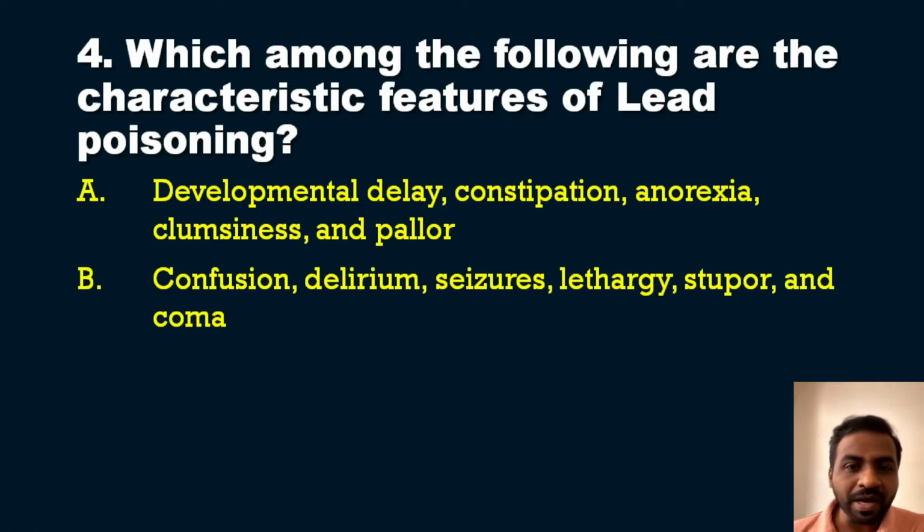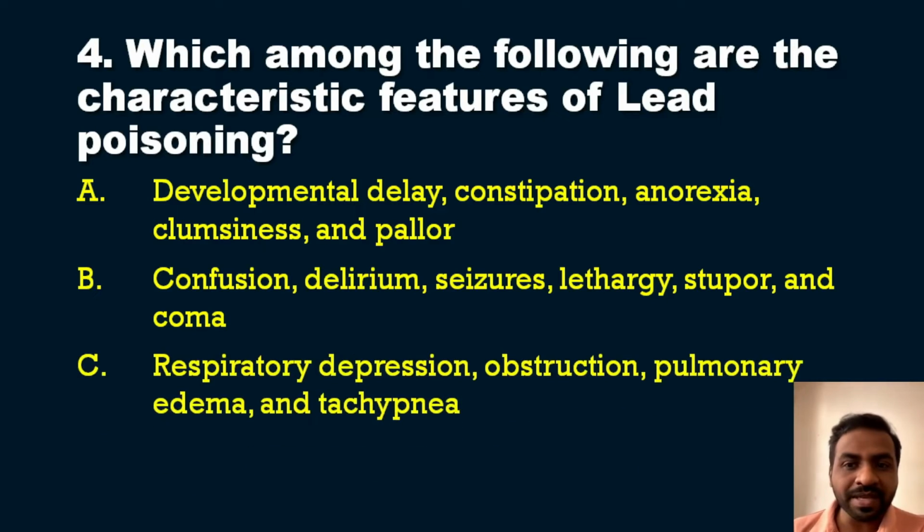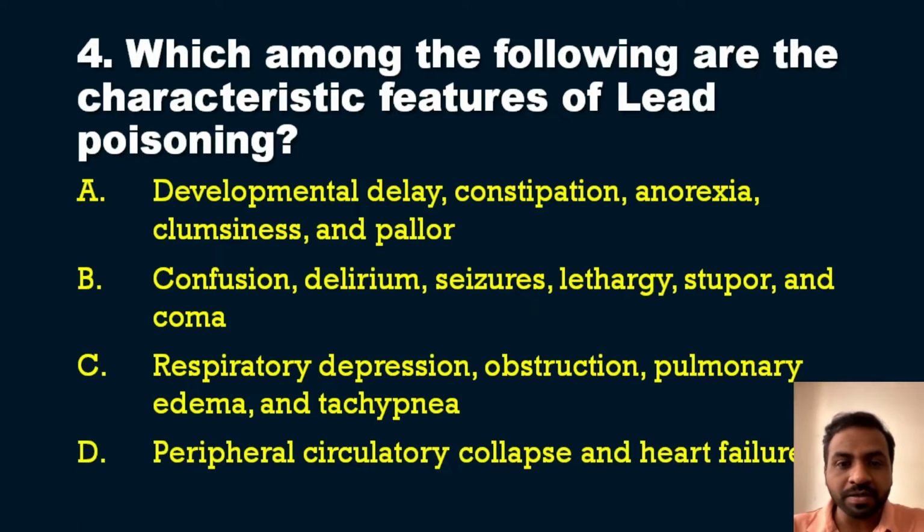Option B, confusion, delirium, seizures, lethargy, stupor, and coma. Option C, respiratory depression, obstruction, pulmonary edema, and tachypnea. And the final option is peripheral circulatory collapse and heart failure. So just think about lead and how it affects our body, and you can easily answer this question.